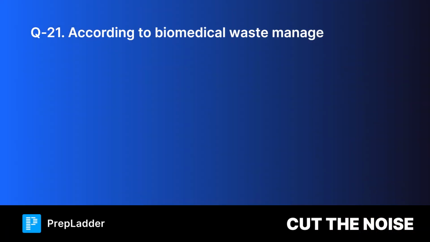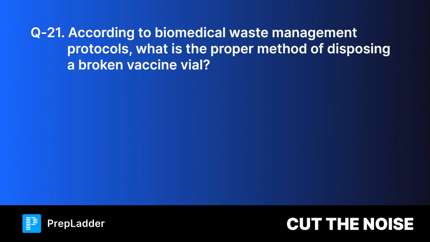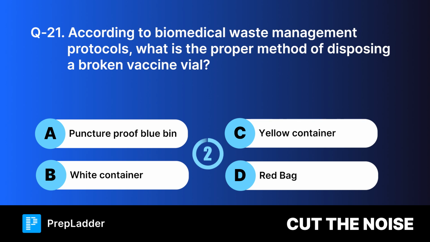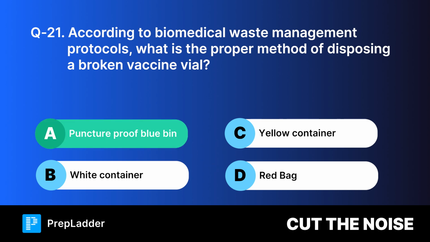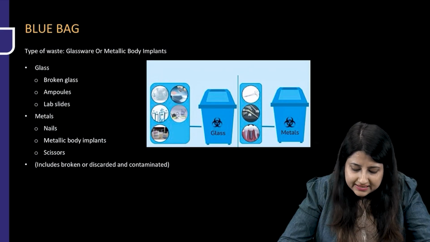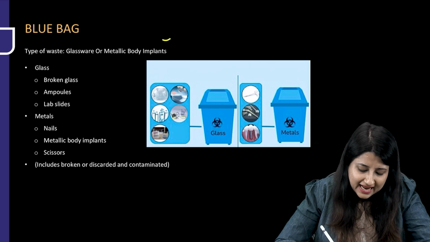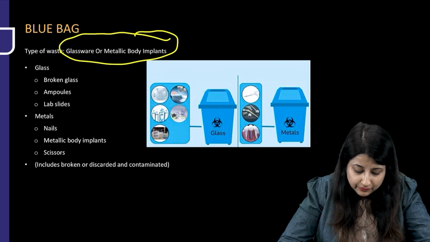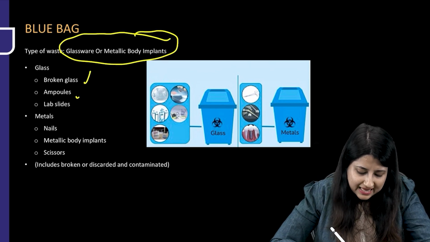Question 21. According to biomedical waste management protocols, what is the proper method of disposing a broken vaccine vial? Your options are. And the correct answer is puncture-proof blue bin. Here's the explanation. Blue bag. Now if you look at this, here we have glasswares or metallic body implant. Anything which is a glass, broken glass, ampules.